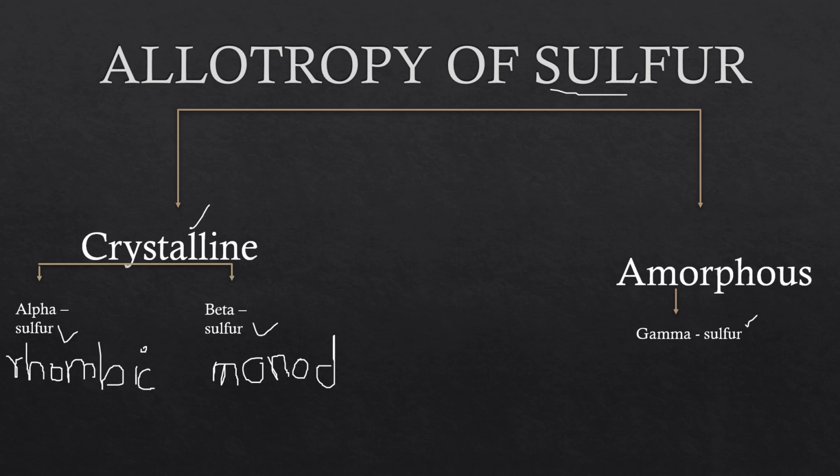Now you'll be thinking, what are these terms? These are the names of the structures. The rhombic structure is an octahedral structure, and the monoclinic structure is a prism structure.